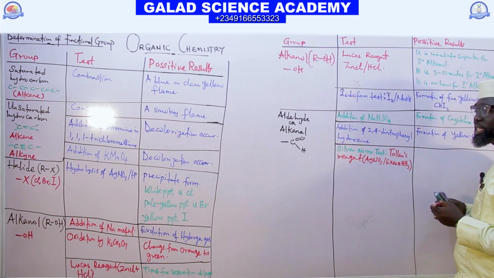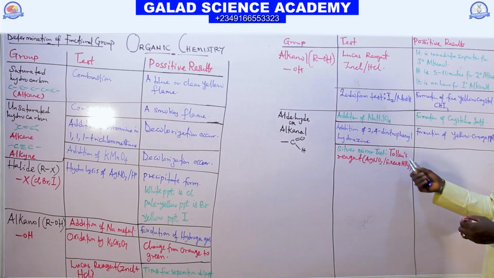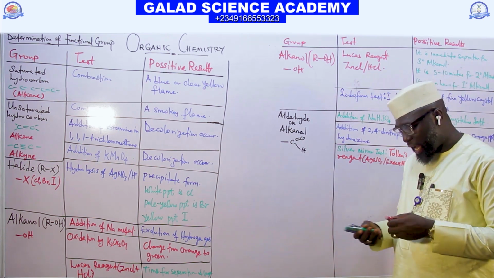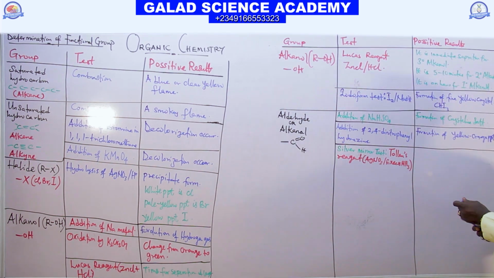That's Tollens reagent. When Tollens reagent reacts with aldehyde, it is a silver mirror test.